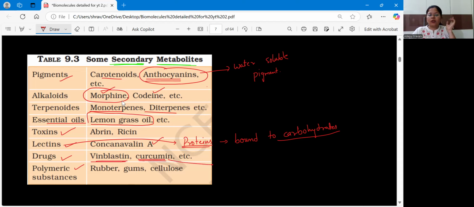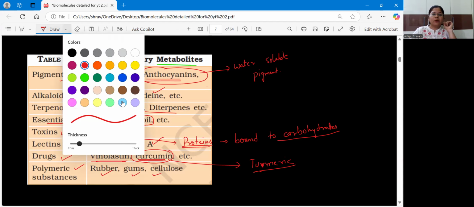It's curcumin. Curcumin is found in turmeric. See, turmeric is haldi. So if you look at the turmeric functions, we say it has medicinal properties. And why does it have medicinal property? Because of this product called curcumin. So it is found in turmeric. Next, we have polymeric substances like rubber, gum, and cellulose.